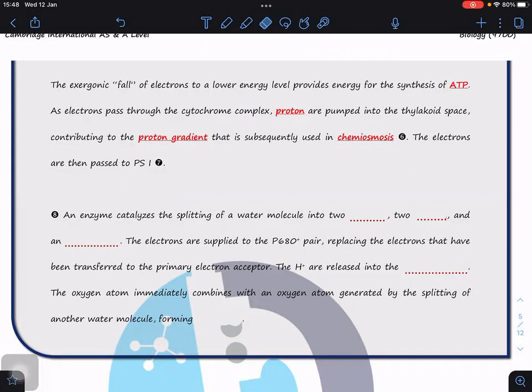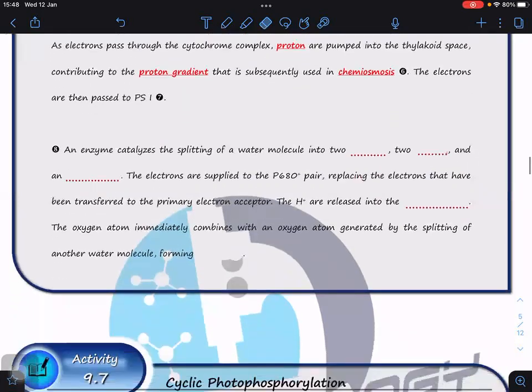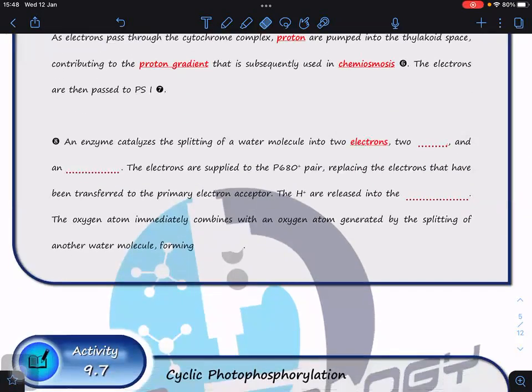So we have an enzyme that catalyzes the splitting of the water molecule into 2 electrons, 2 protons, and 1 oxygen atom. Or in general, if you want to put an oxygen molecule, then it becomes 1 oxygen molecule, 4 electrons, and 4 protons. Are you clear? This is 1 atom; 1 oxygen molecule is O2, so double up.